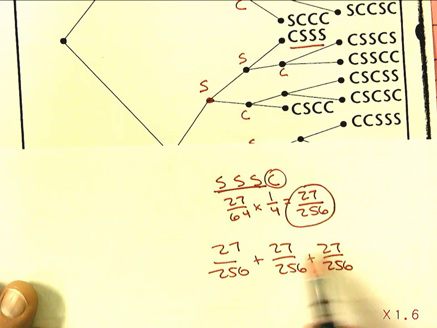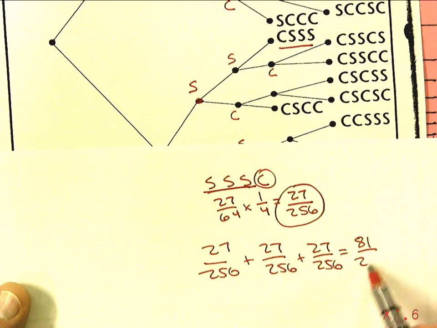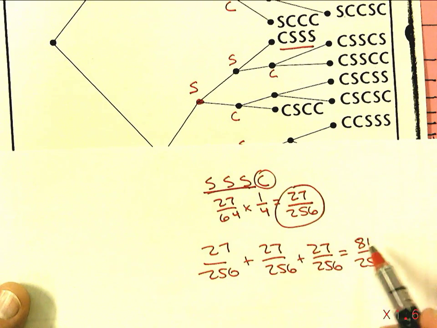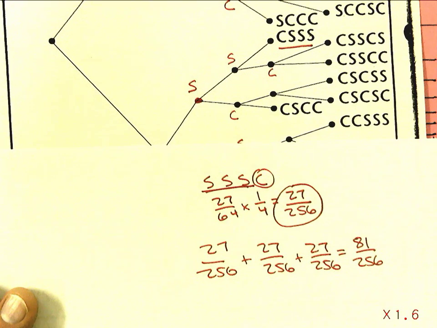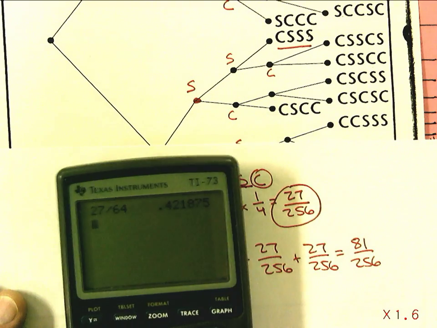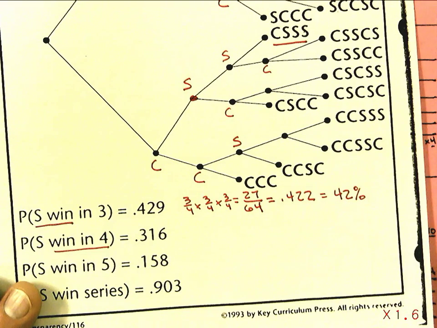Now I have to add these 27s together. 27, 54, 81. So now I have 81 out of 256 as the likelihood of the Sparrows winning in 4 games, in this case. So we have the 3 scenarios where they win in 4 games. If we take that 81 divided by 256, we get 0.316.